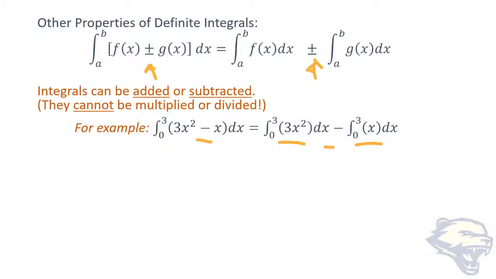Okay, so that's just a property. It's basically just saying, look, you're allowed to split these up, right? You can split them up with whatever plus or minus was originally there in the beginning. Obviously, that is not true for multiplication or division, right? Multiplication, we've got things like the product rule, right? Calculus doesn't play as nicely with multiplication and division.